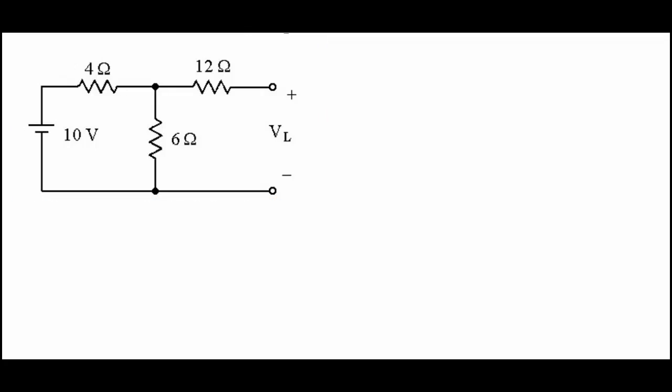So in this problem, we are asked to find the value of VL. Now the value of VL, or the voltage between these 2 points, is the same as the voltage drop across this resistance, because this resistance plays no role in this circuit since no current flows through it.